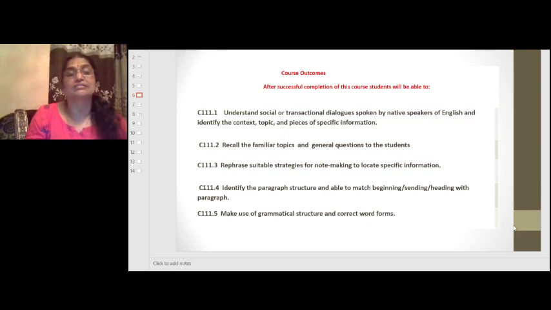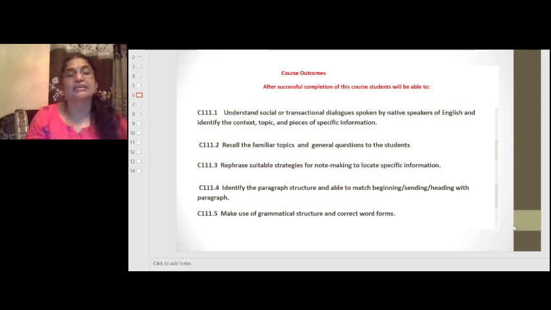That is the first lesson, understand social and transactional dialogues spoken by native speakers of English and identify the context, topic and pieces of specific information. In the first lesson we have this as a CO, that is course outcome. I think you know the first lesson, the drawer full of happiness. It is also designed by AICTE, so they have given this as course outcome. After learning that lesson, what you are expected to know.